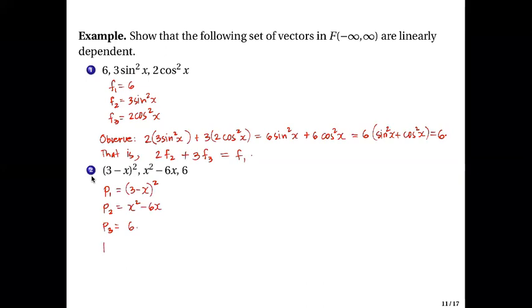So now, note, P1, which is equal to 3 minus x quantity squared. You square this, and this is equal to 9 minus 6x plus x squared. Correct?